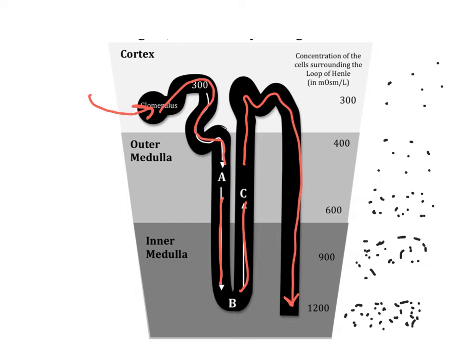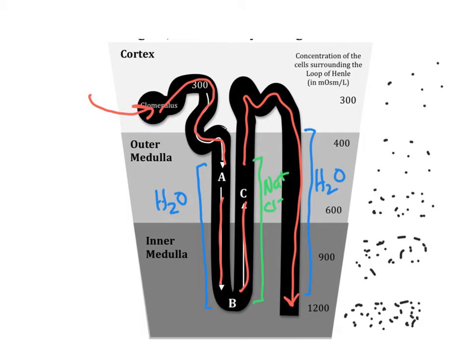From A to B, this side of the loop allows water to flow through easily, but this side only allows sodium and chloride, salt ions, to flow through. The last part of the loop is also for water, which is a really cool setup.